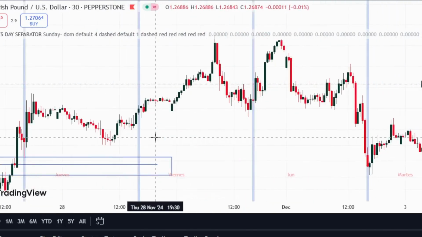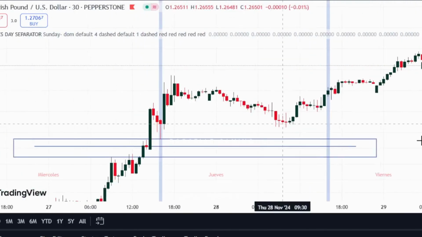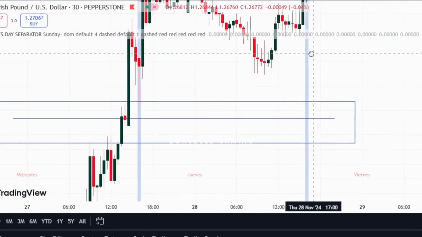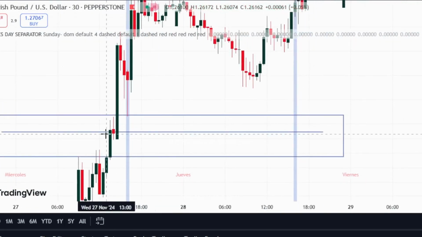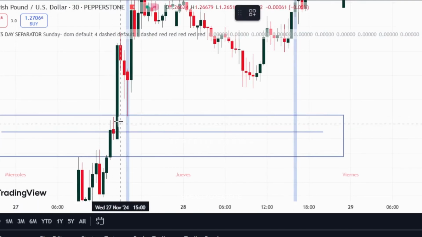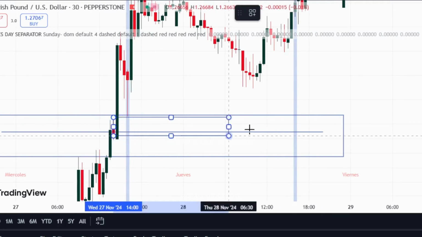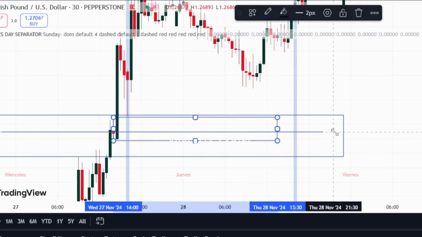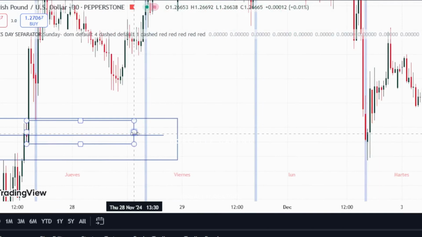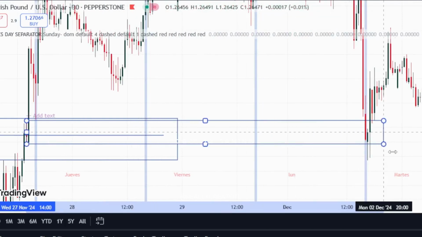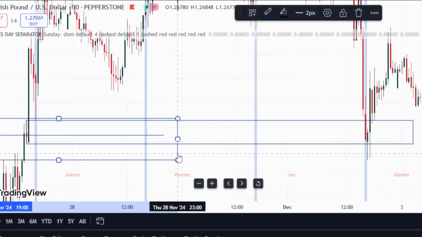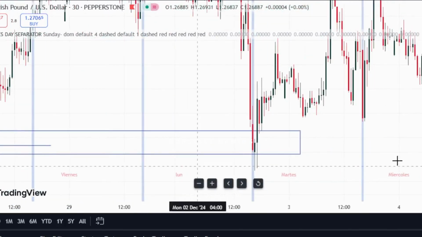So on getting to this, we are now on 30 minutes. What do you see? You can now see an engulfing buy. So let's now match it. Yes, an engulfing buy.